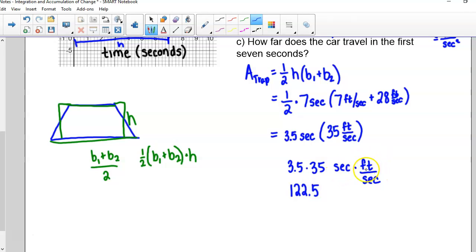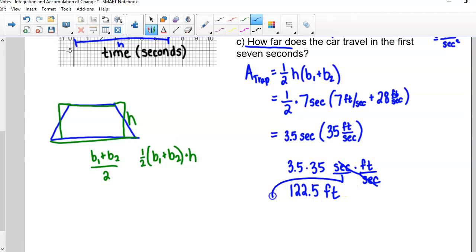Look what happens here with your units. You've got seconds times feet per second. I can put that second over 1 if I wanted. What's going to happen there with your units? What happens to the seconds? They cancel, and I just get feet, which is how far the car travels.